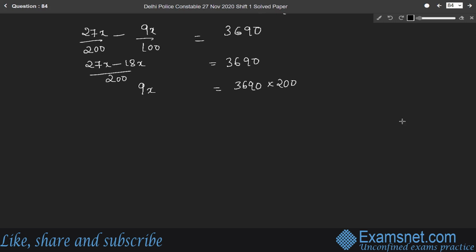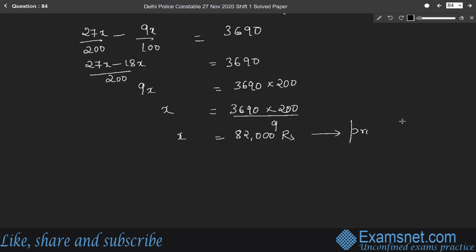Therefore, x is equal to 3690 into 200 divided by 9. So we get x as 82,000 rupees. What is x here?